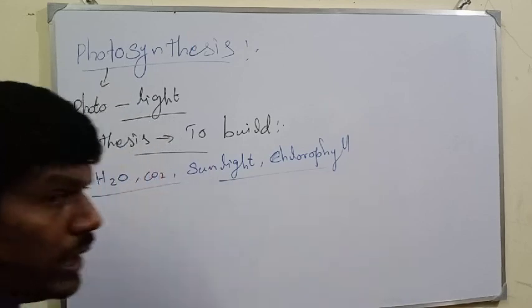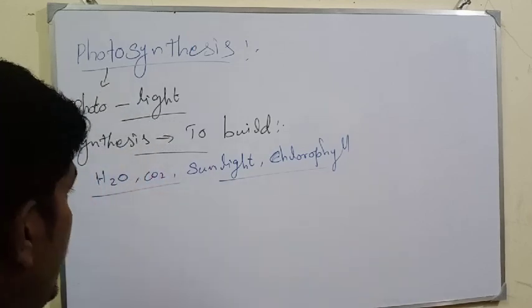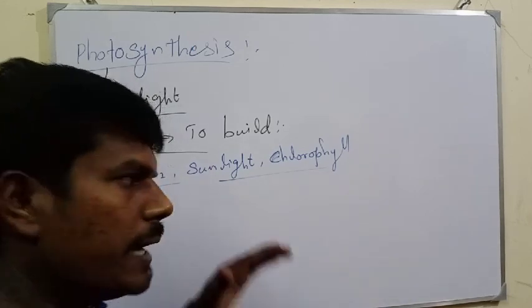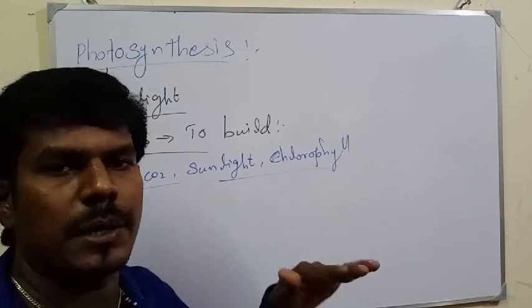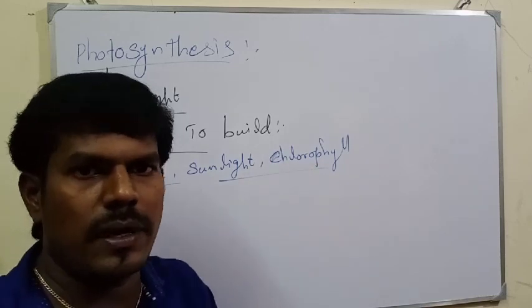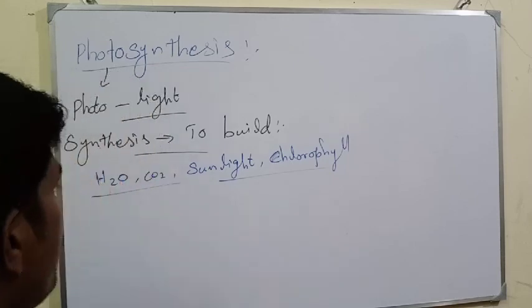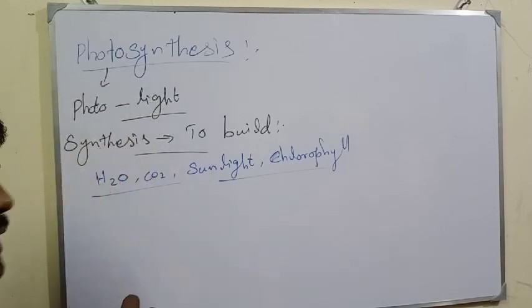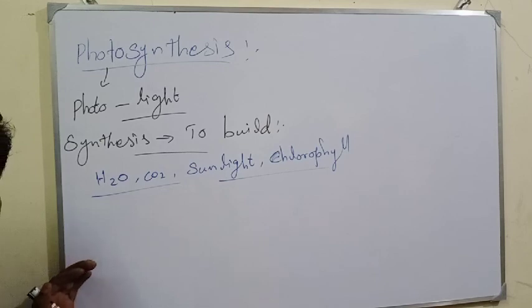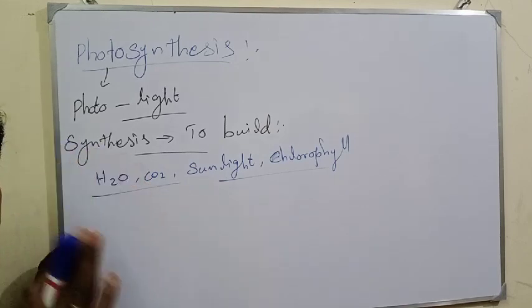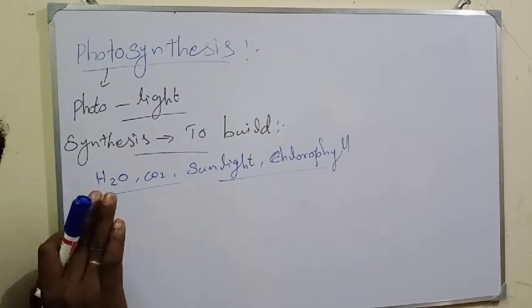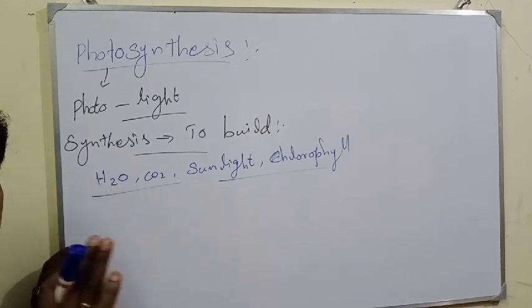All of these are needed for photosynthesis. If any one is missing, photosynthesis does not happen, and the organism cannot get that energy. Sunlight is mentioned because most plants carry out photosynthesis during the daytime, as it happens in sunlight only.